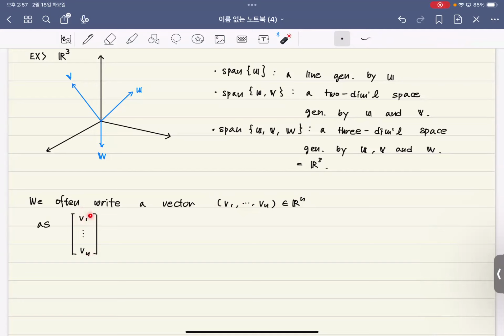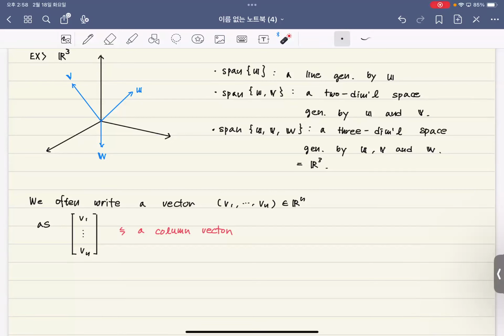So this is another way of denoting this vector. We usually call this guy a column vector. I fully understand why they call this a column vector, because row usually means the horizontal way, but here I am writing everything in a vertical manner. So this is why they call it a column vector.